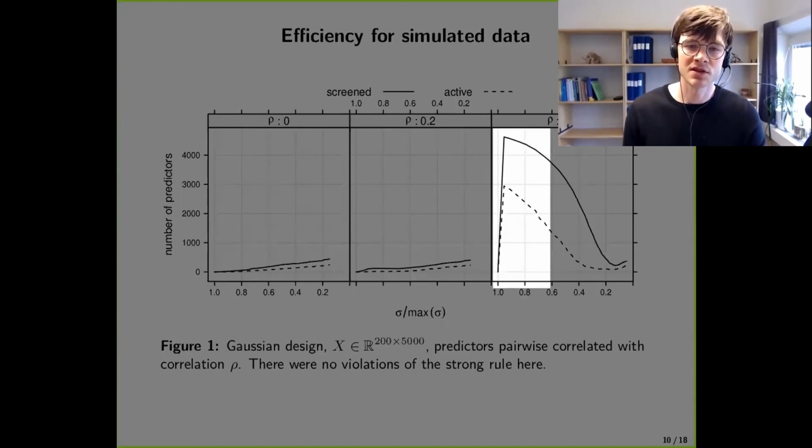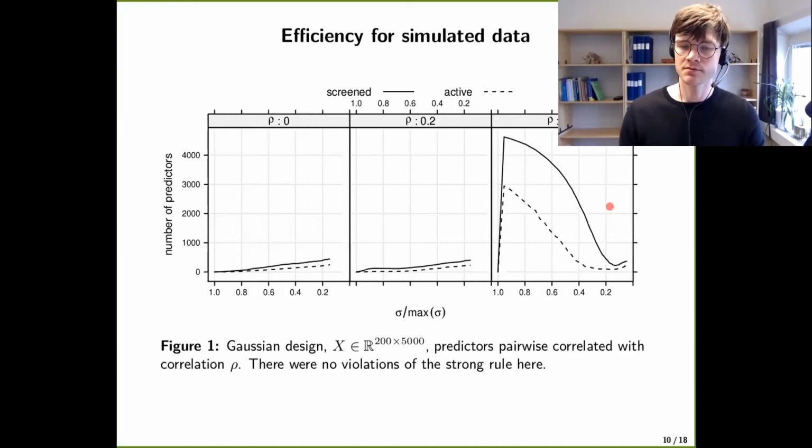And then we have a decreasing number of coefficients until the end, which is kind of interesting. But it also shows that the strong rule is more conservative at this end, including a little too big part of the predictors.